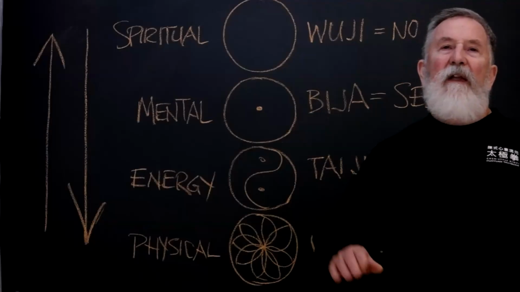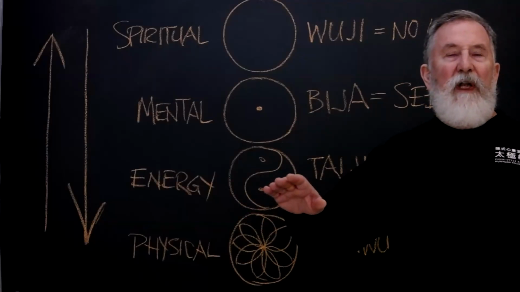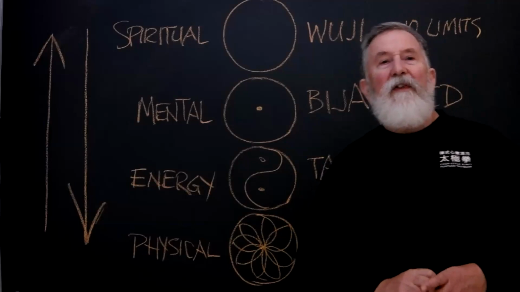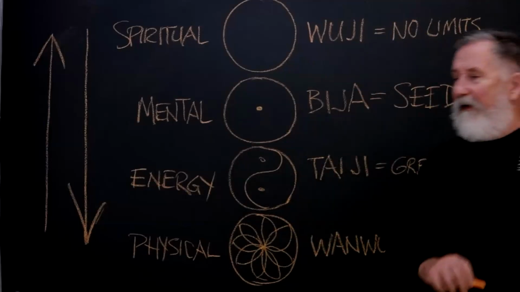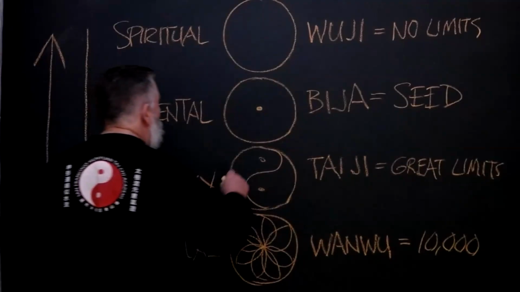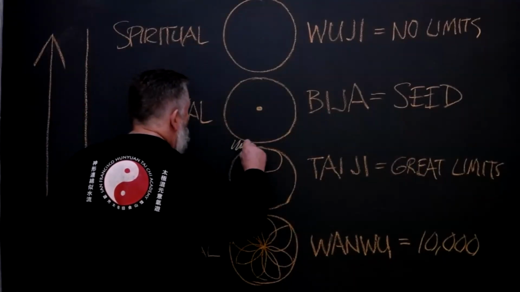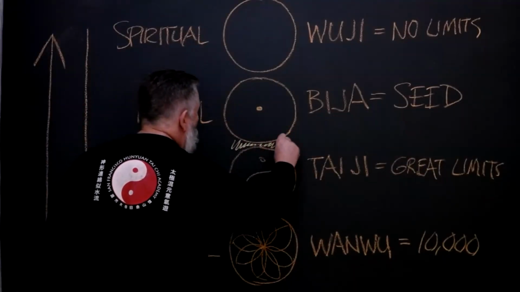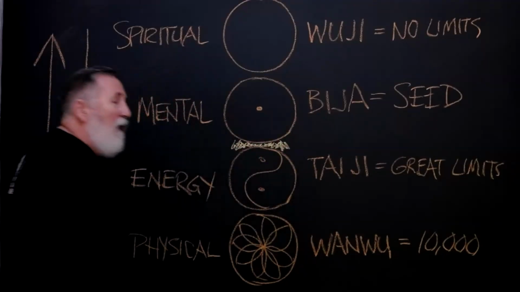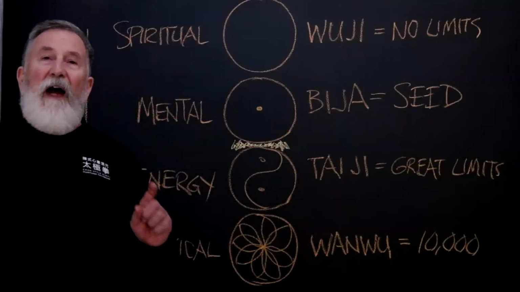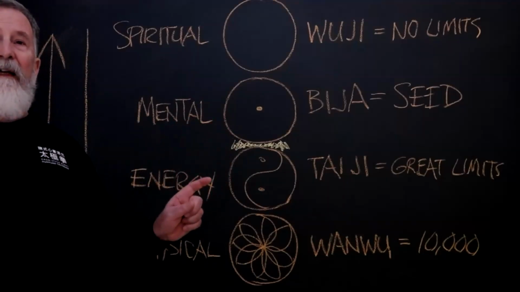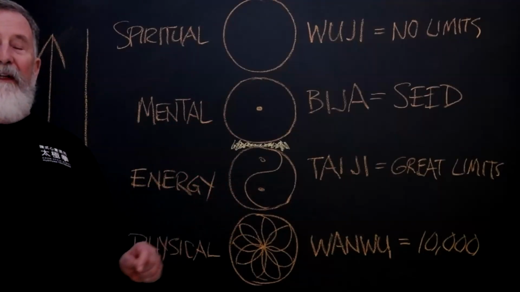Right? And then we do Qigong and Tai Chi. Qigong and Tai Chi is about this. It's about the interface between the mental body and the energy body.